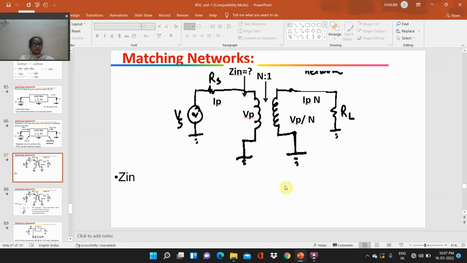We know two familiar equations in transformers, that is V2 by V1 is equal to N2 by N1 and I2 by I1 is equal to N1 by N2.